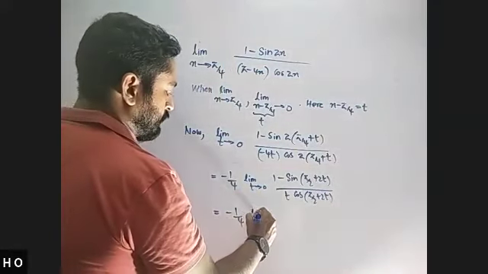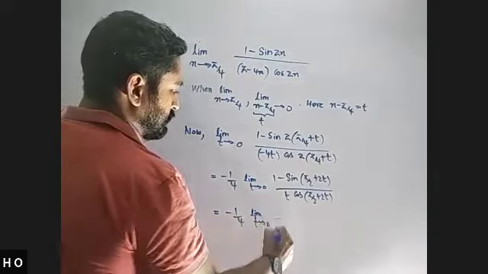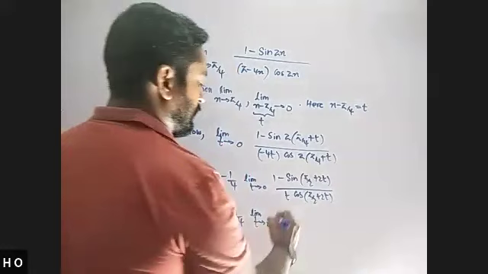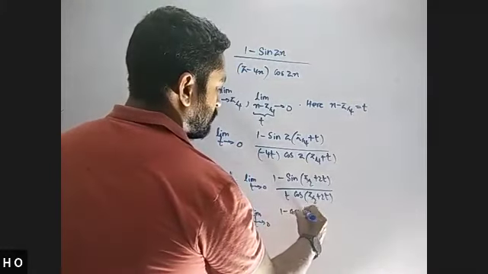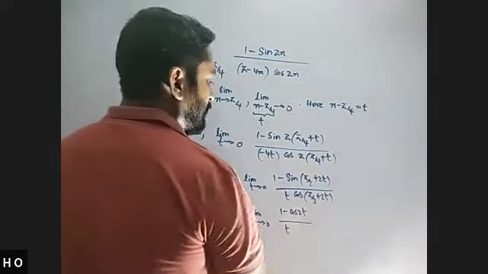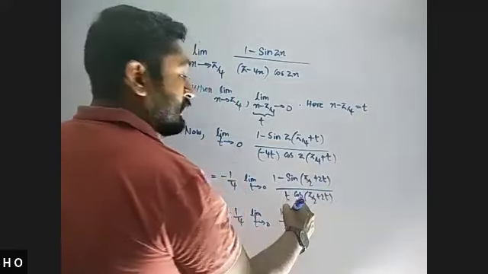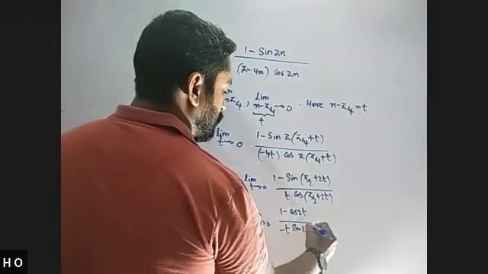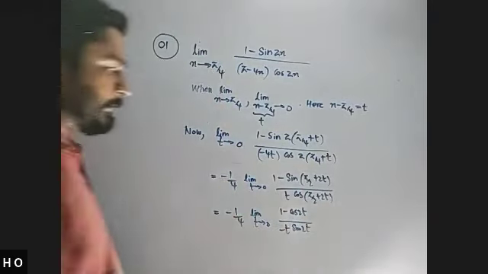Right, next step. Minus 1 by 4, limit t tends to 0. Sin 90 plus angle is cos angle, so 1 minus cos 2t over t. Cos 90 plus angle is sin angle, so it is cos 90 plus, second quadrant, minus sin 2t. Alright.